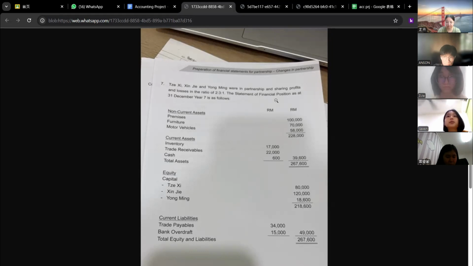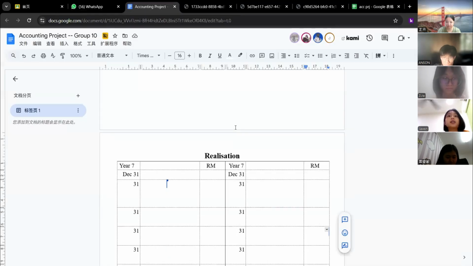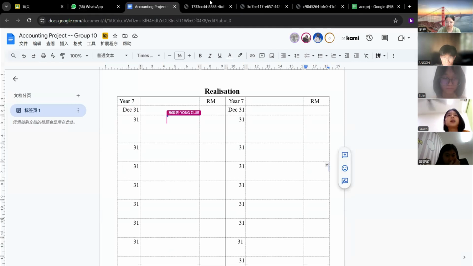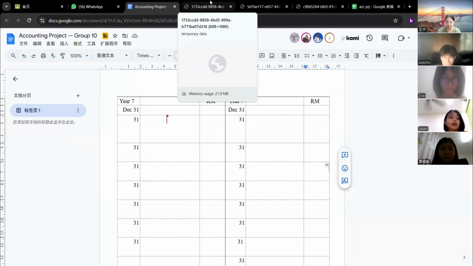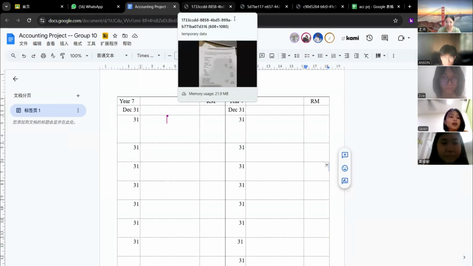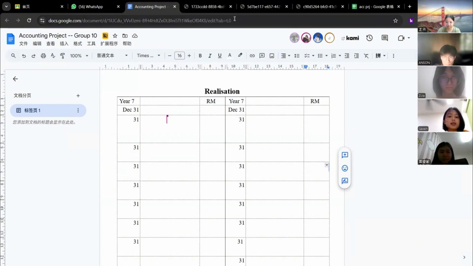We need to record the non-current assets into the debit side of the realization account first. The first non-current asset is premises, and the amount is 300,000.